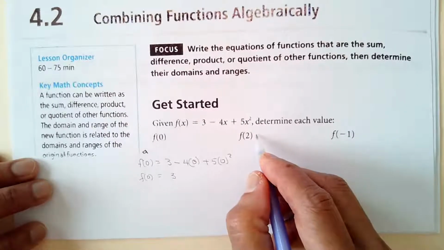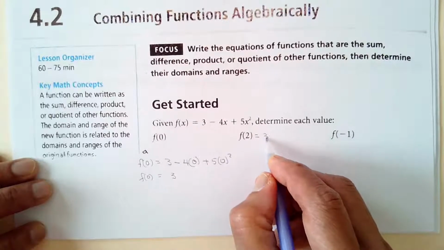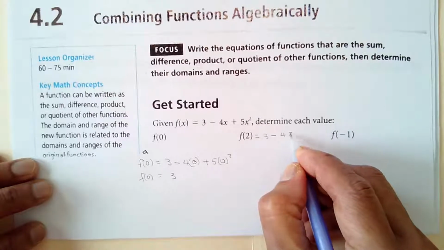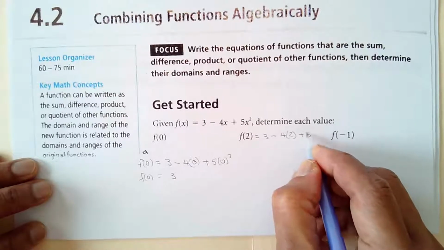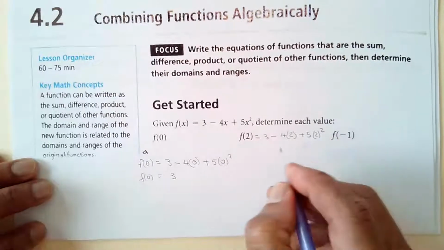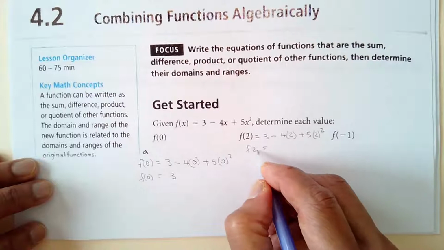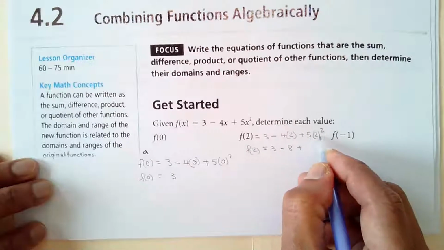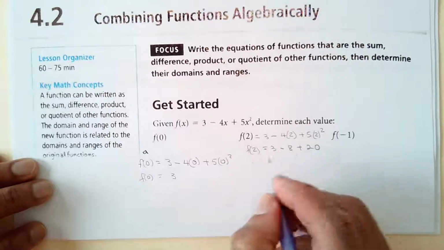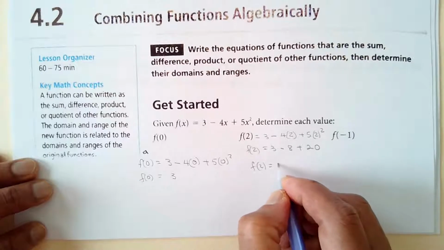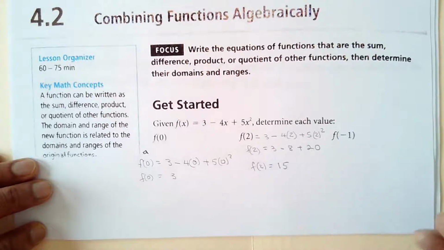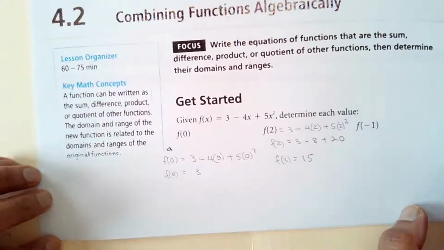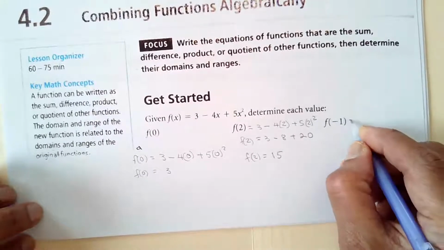The next one we have f of 2, so this is 3 minus 4 times 2 plus 5 times 2 to the power 2. So f of 2 is 3 minus 8 plus 20, since 5 times 4 is 20. So f of 2 is equal to 15. And the third one, we can solve it easily.